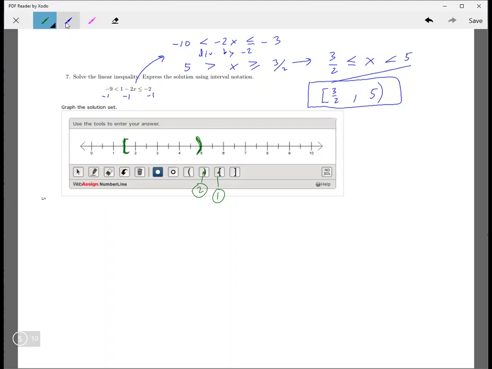And then you're going to hit this one right here, which is draw. And then just click anywhere in here, and it will create this little line segment there. That's how you input the stuff in, and that's what it's supposed to look like in the end.